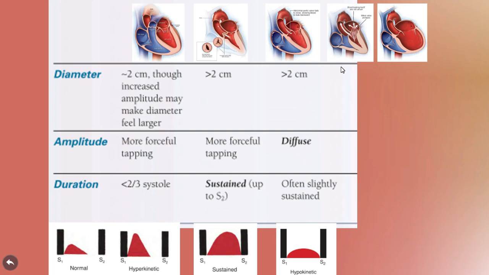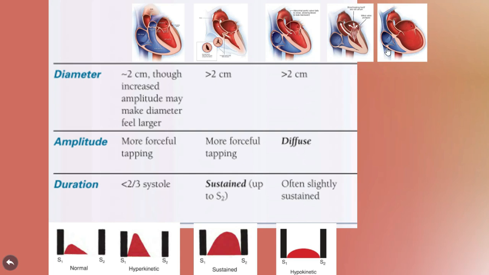In a patient with volume dependent cardiomyopathies like this one, in a patient with aortic regurgitation, mitral regurgitation, or dilated cardiomyopathy, most of the time the amplitude is diffuse and often slightly sustained.